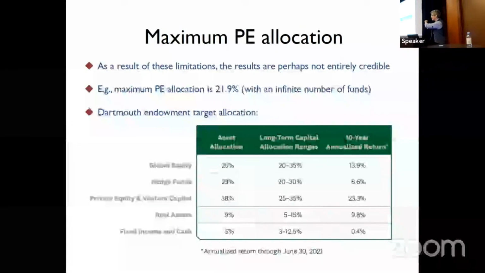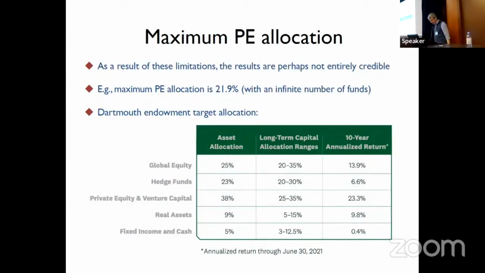I think the fact that you're pushing this as more of a realistic analysis also puts us in a slightly tricky spot, where you come up with this recommendation that the maximum investment LPs can have in private equity is 20%. So that's what's come out of the model. I don't know what to relate that number to, but I know that Dartmouth has an allocation.